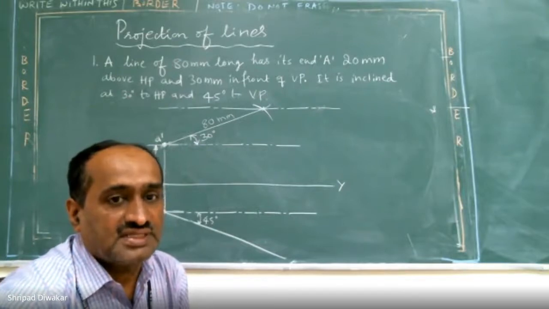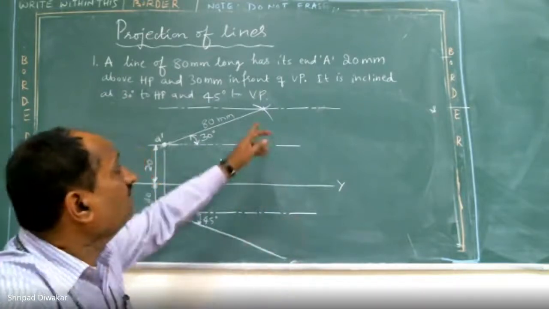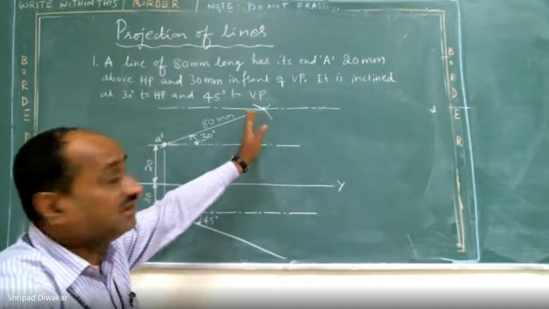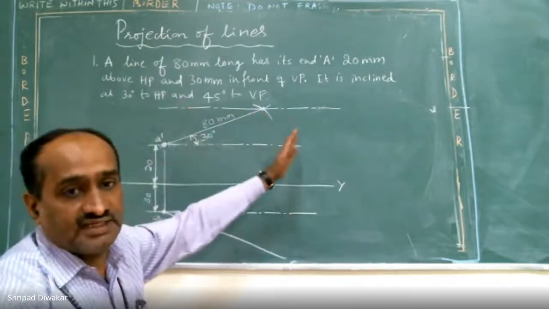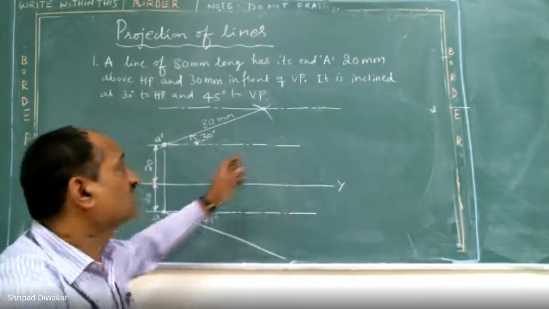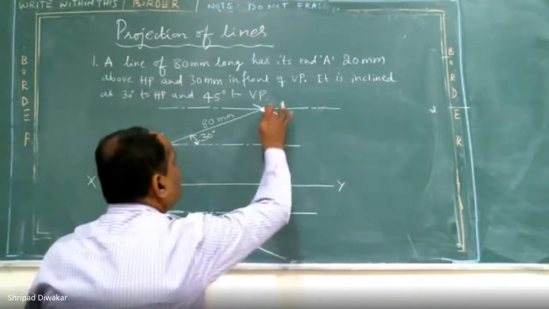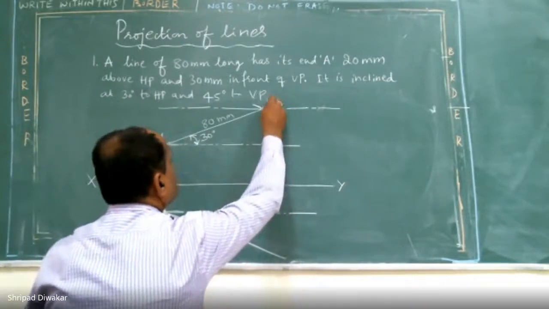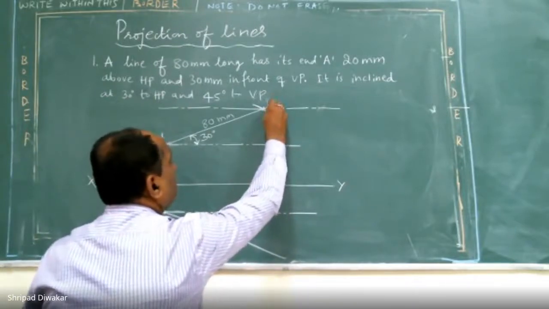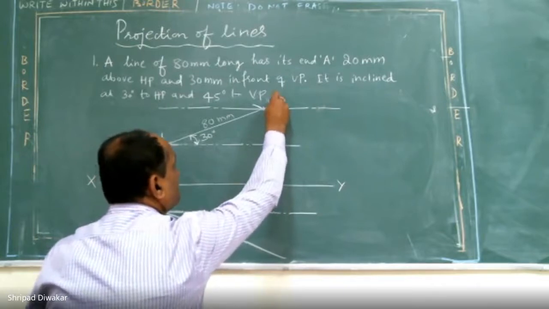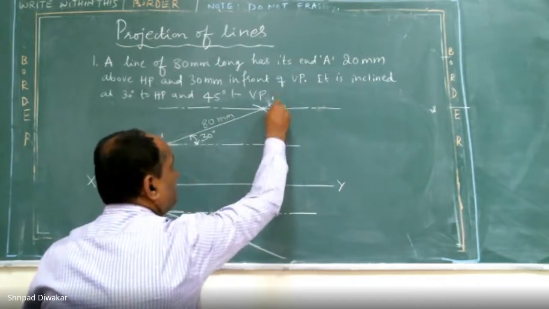You'll get one intersection point. Then passing through that point on the left hand side and right hand side, you have to draw one locus line. And you remember, this point is not represented as B dash. We have to represent it as B1 dash.